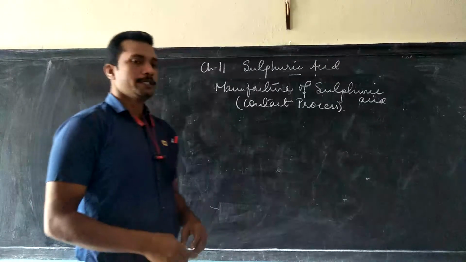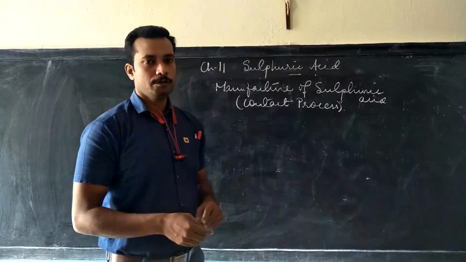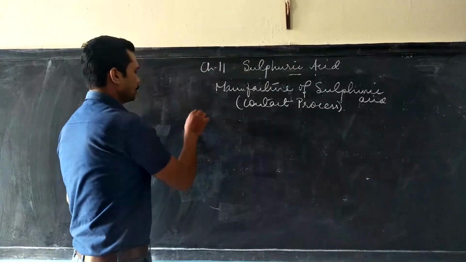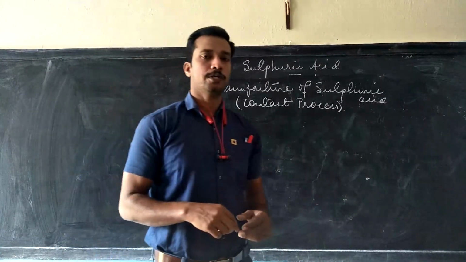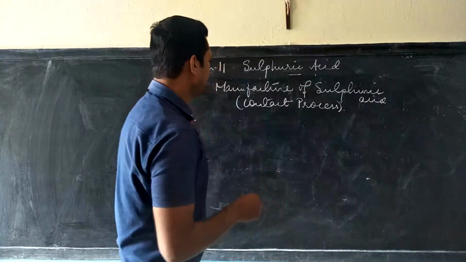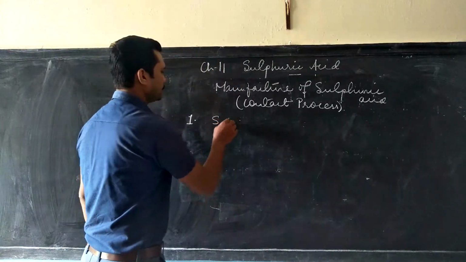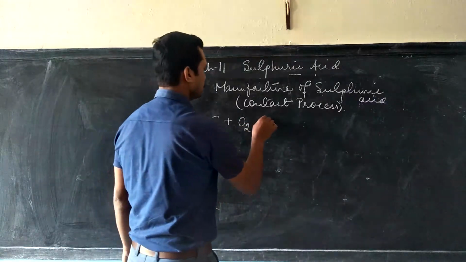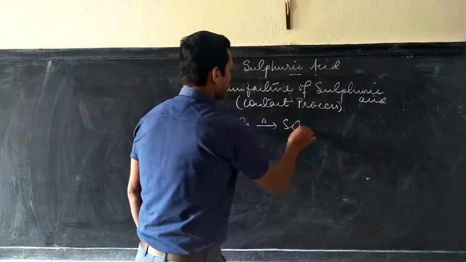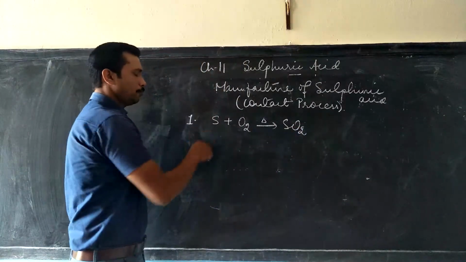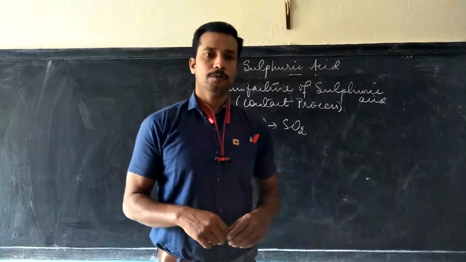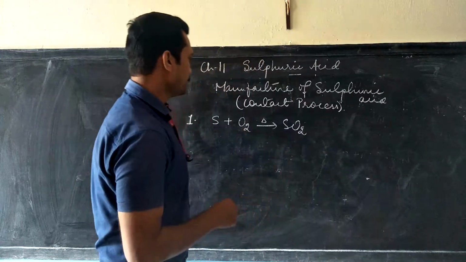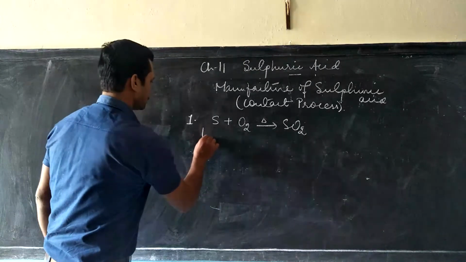So under this process there are altogether 4 steps involved, and the first step is the production of sulfur dioxide gas, which can be done by heating sulfur or by burning sulfur, and the sulfur to be taken should be absolutely pure, that is should be at least 99% pure, and this sulfur is called Louisiana sulfur.